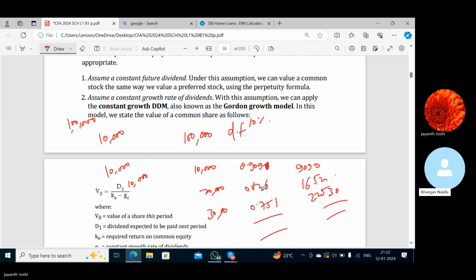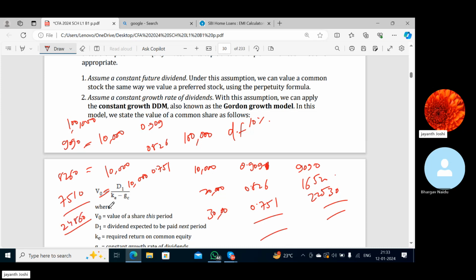So let's say if I'm doing the discounting here, just add them and tell me the values. Simply I can write 9090, 8260, 7510, right? So when you add them, Bhargav: 24,860, sir.